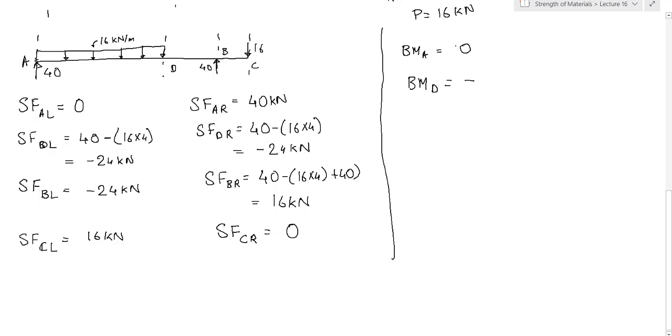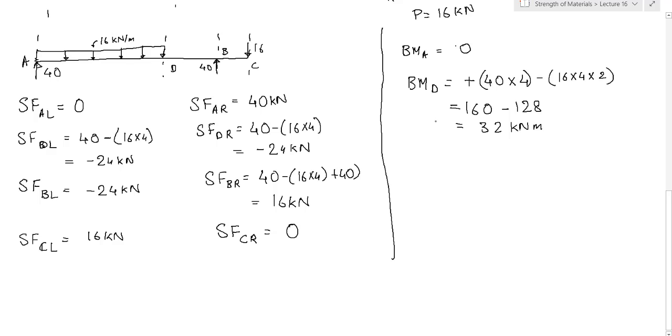So positive 40 into 4, and then I will have negative because the uniformly distributed load is going to produce hogging. So minus 16 into 4 into 2, right? It is 160 minus 128, which is going to be 32 kilonewton meters. That is bending moment at D.